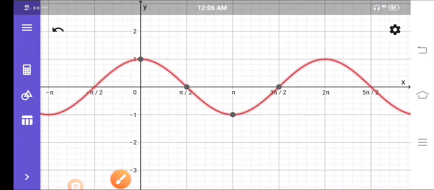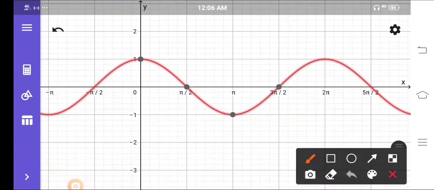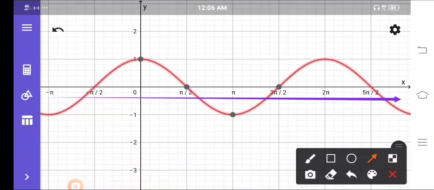Okay, how about the domain? The domain is from negative infinity to positive infinity. So the graph of the cosine function extends from negative infinity to positive infinity.